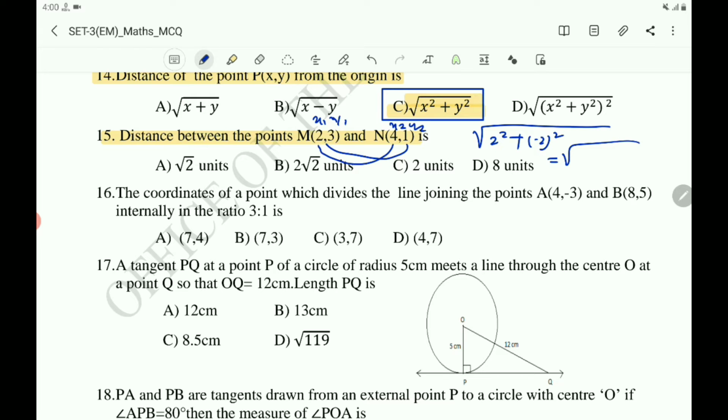Then you will get 4 plus 4, square root of 8, which equals square root of 4 into 2, that is 2 square root of 2 units. Option B is the answer. Note down the answer. Option B is 2 square root of 2.